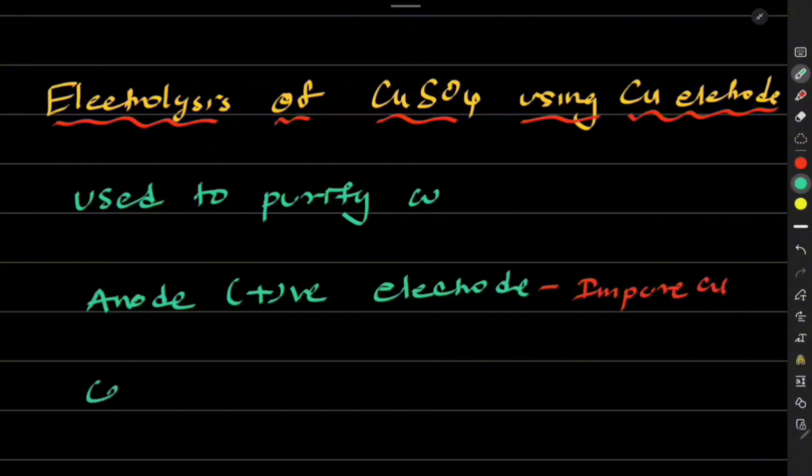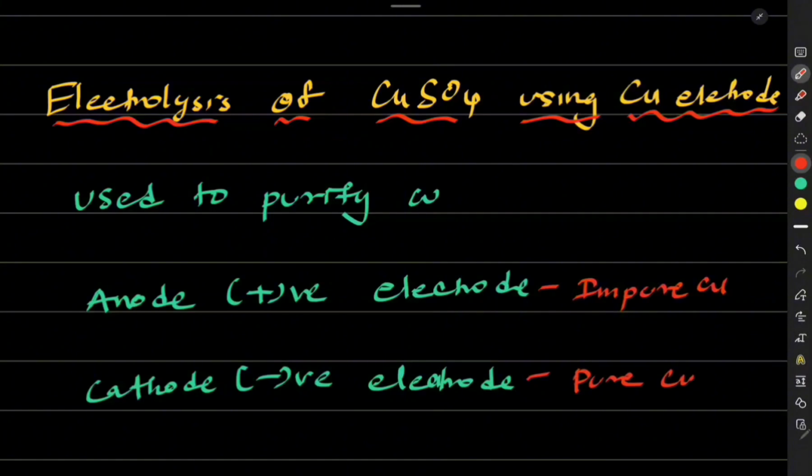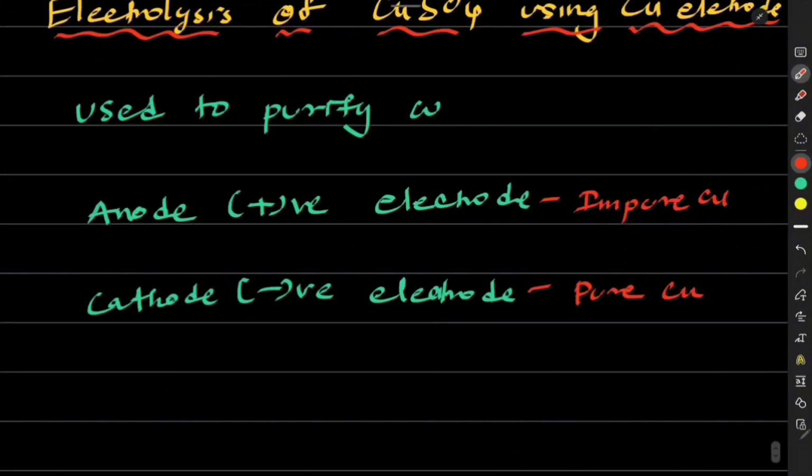And the cathode, which is the negative electrode, is pure copper. And we know that in the anode oxidation occurs and in the cathode reduction occurs in electrolysis.